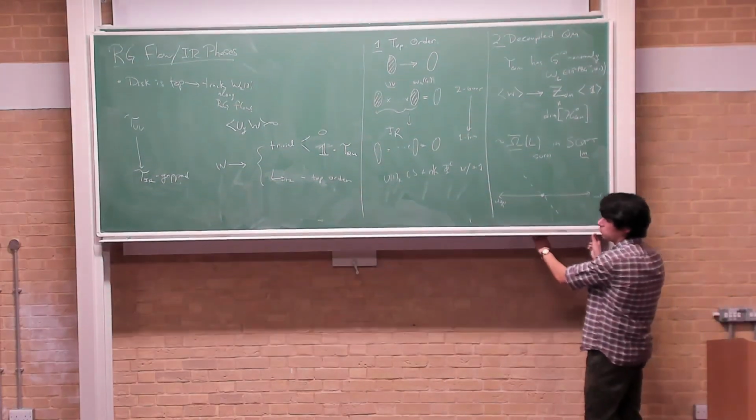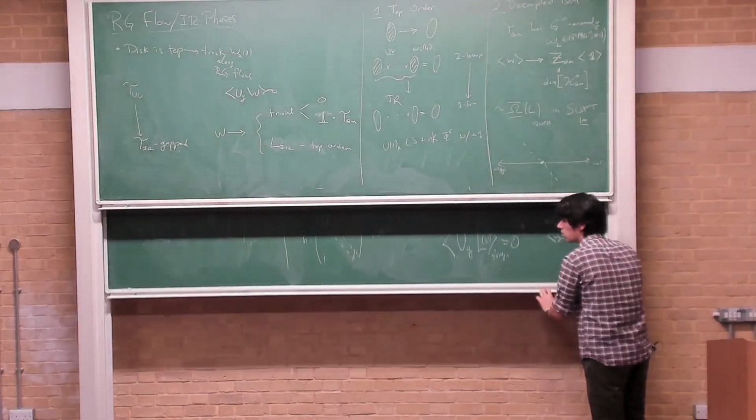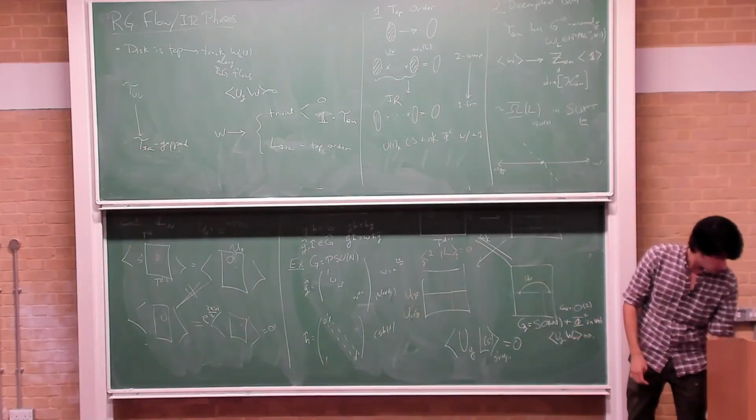Okay, so this is a nice story, but you might ask, is there some way you would actually be able to distinguish these two from UV correlation functions?